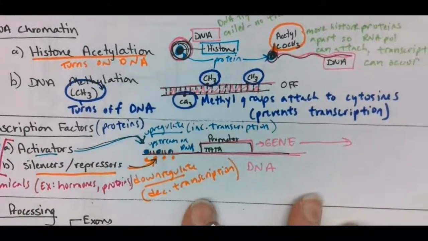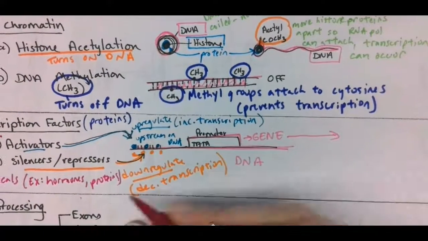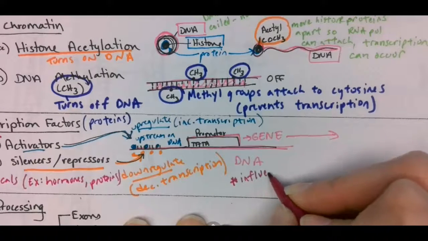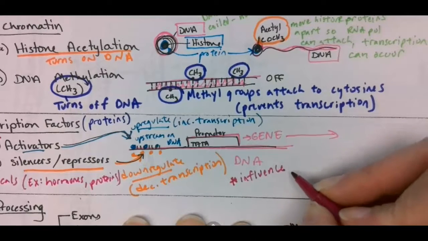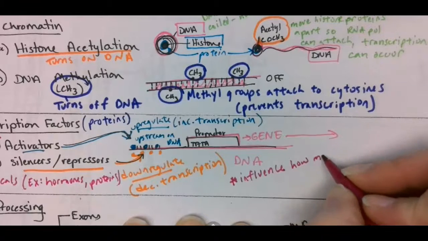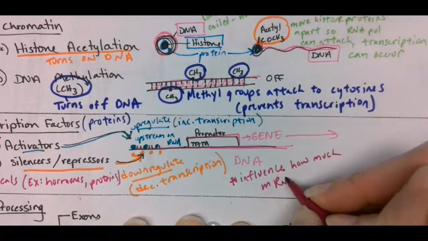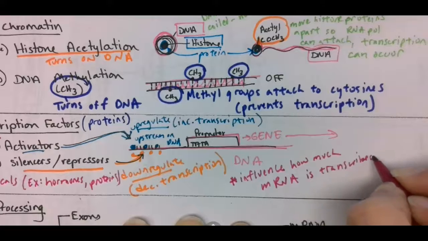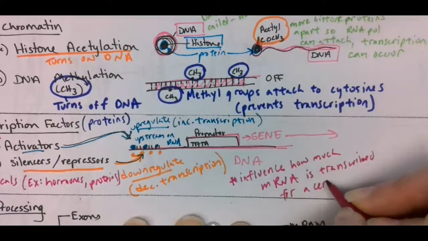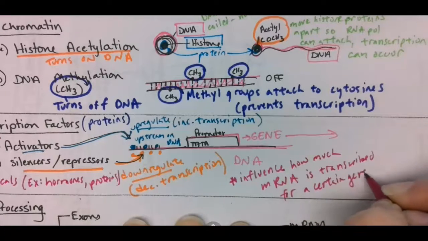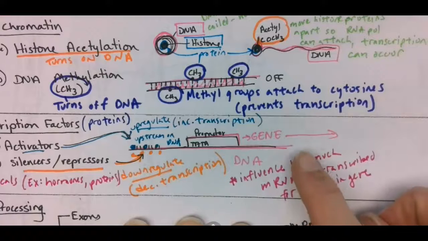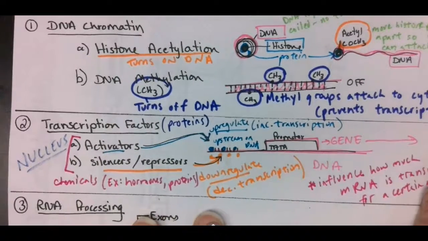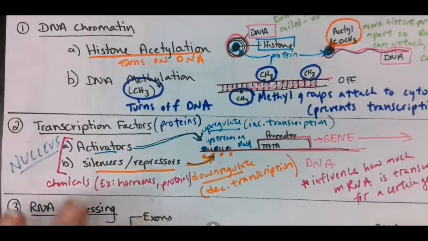Basically, what these activators and silencers do is they influence how much RNA is transcribed for a certain gene. So for example, if you want to make more hemoglobin protein, you would make more hemoglobin mRNA. Right? So those are transcription factors. Again, that occurs in the nucleus.